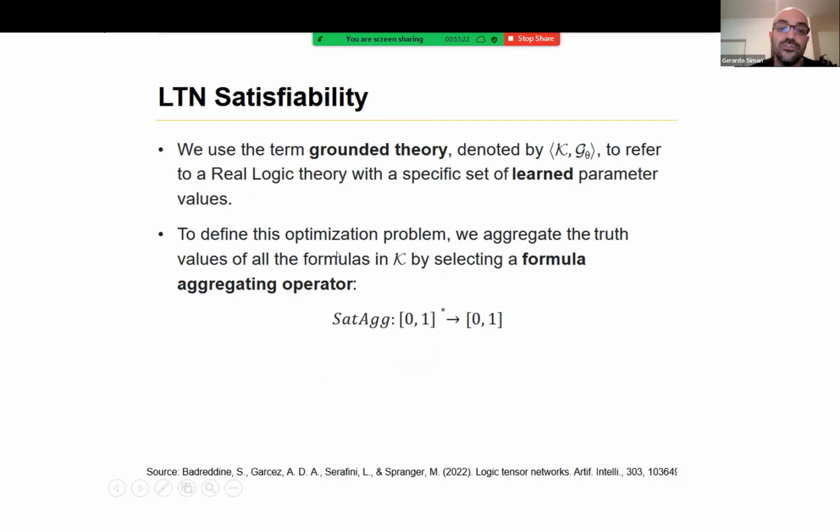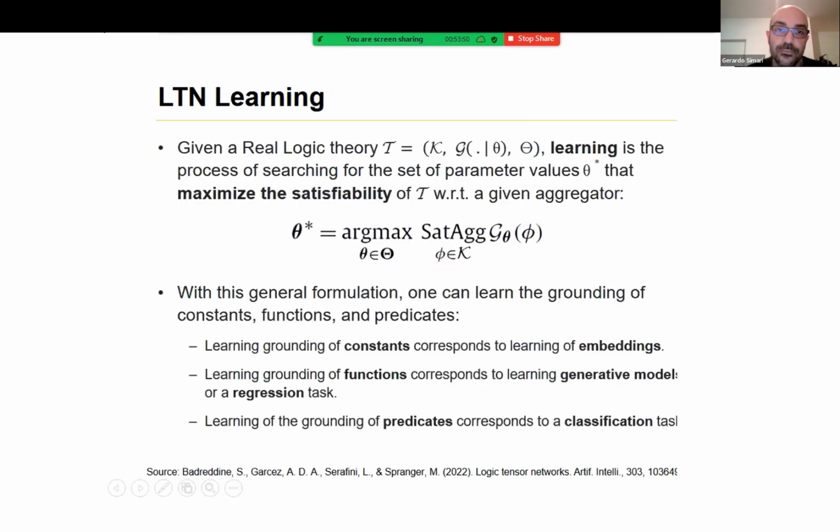So we aggregate the truth values of all the formulas, and we select a formula aggregating operator, just called SAT-AG, where you take all of the possible formulas. You'll have one value for each formula, and you'll have your value saying, okay, this is how satisfied your theory is.